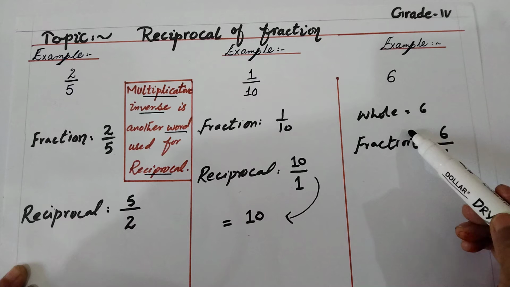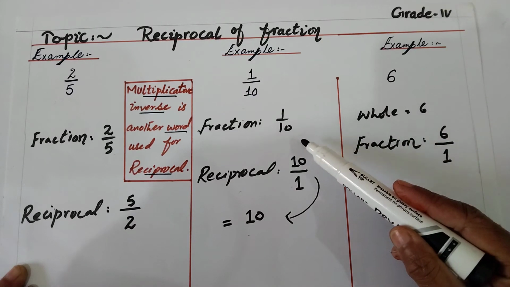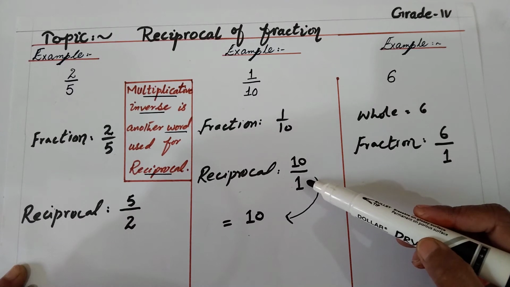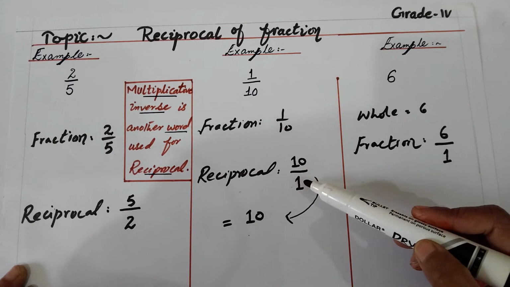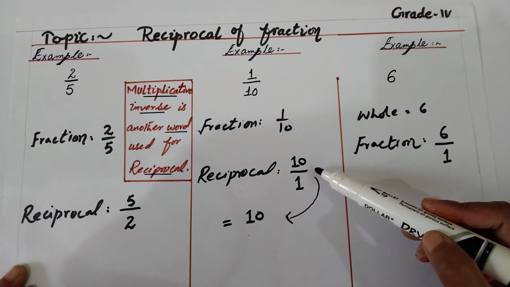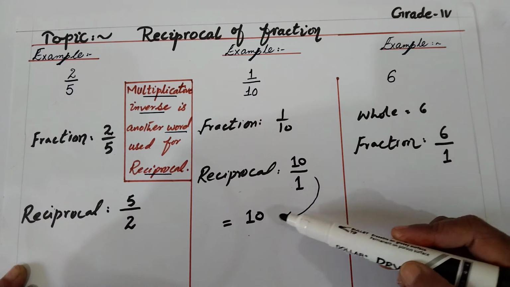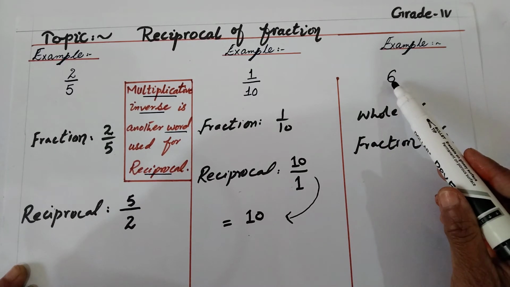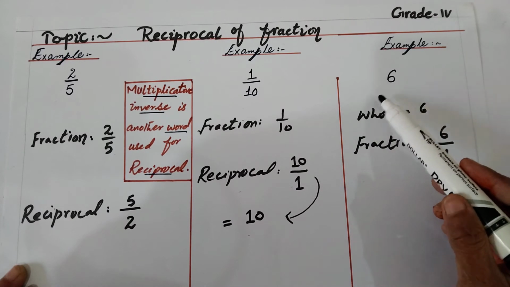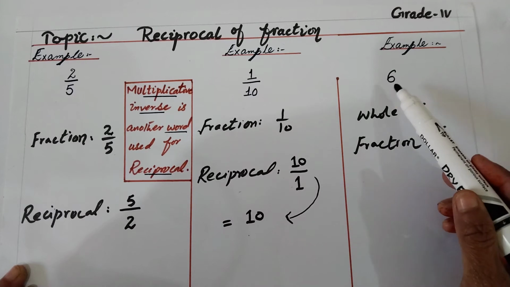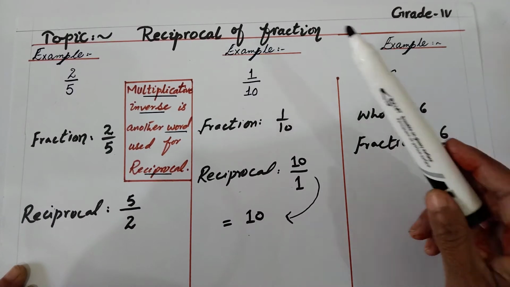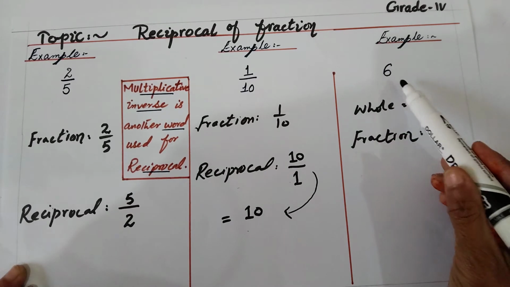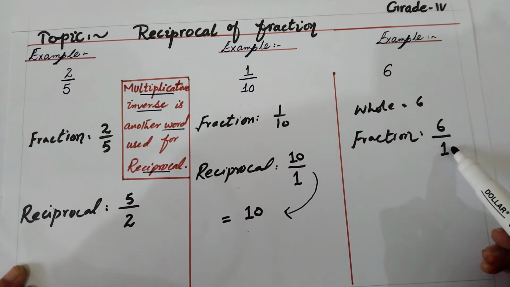This example is totally related to this one. Here, as we are getting 10 over 1 in the fractional form, and as I told you, when you get 1 as a denominator, you can write that fraction in the form of a whole number. Now the same thing is repeating over here. How? 6 is given as a whole number, but as we are going to find the reciprocal of the fraction, we have to convert this whole number into the fractional form.